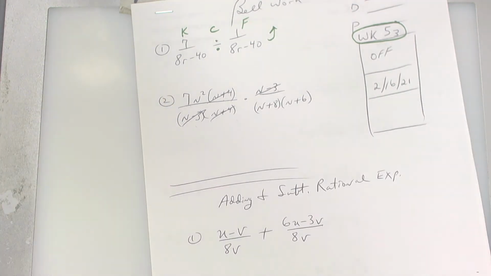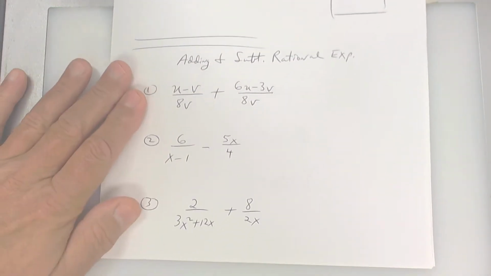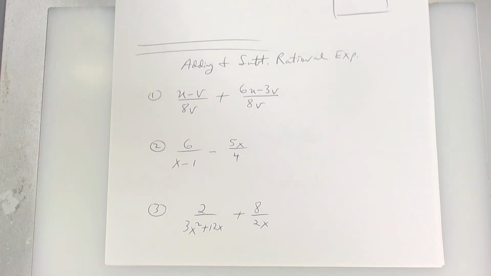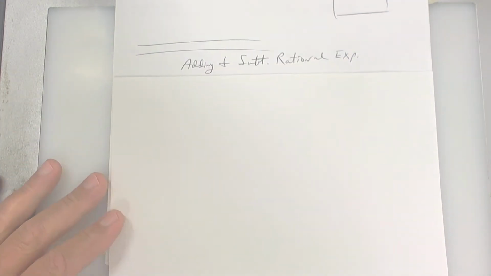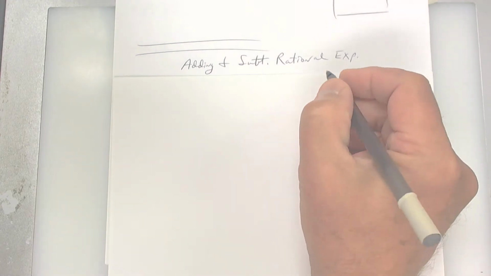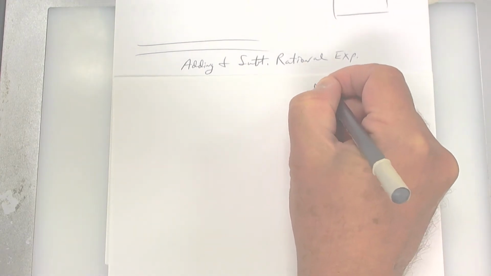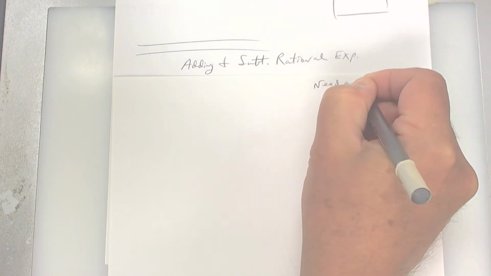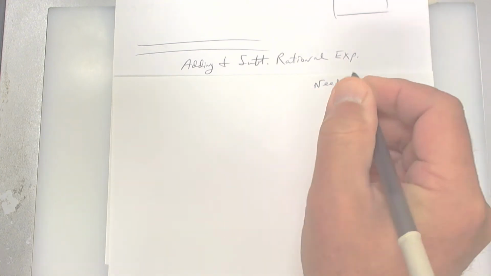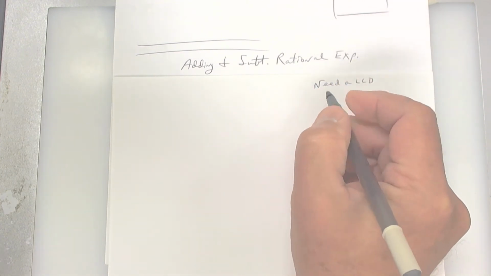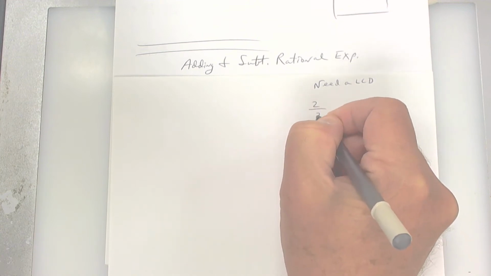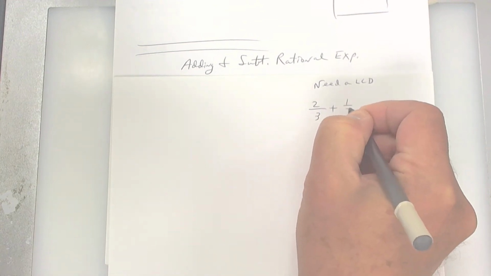Let's talk about today's work. On a new sheet of paper, copy this down. All right, so when you add and subtract fractions, you need a least common denominator. Write that down. Need a least common denominator. For example, I want you to add 2 over 3 plus 1 over 5.